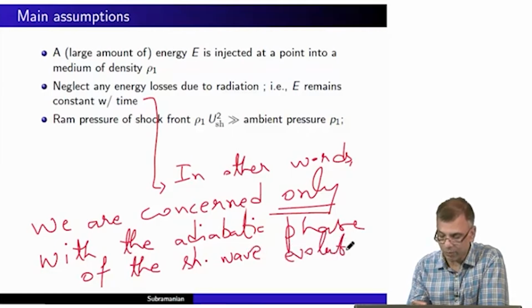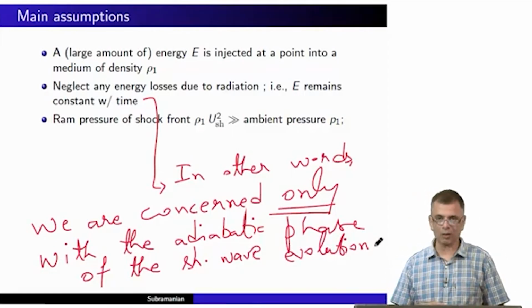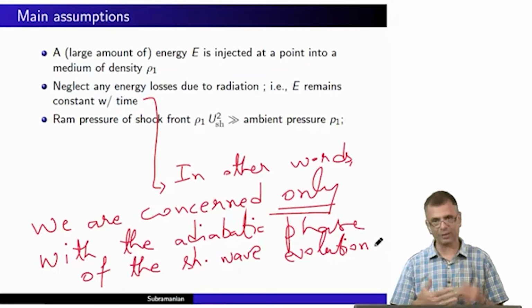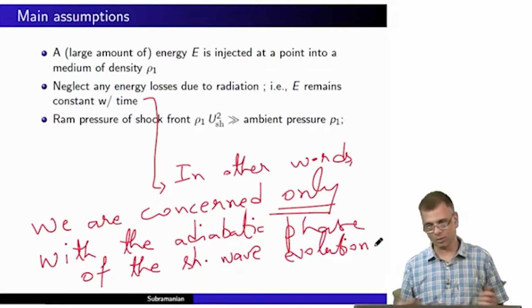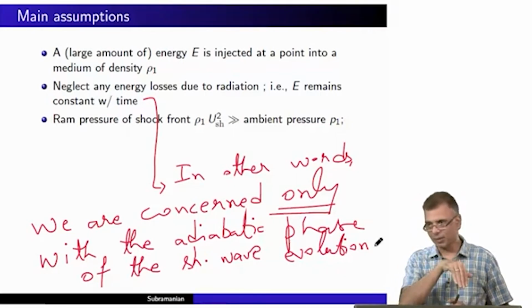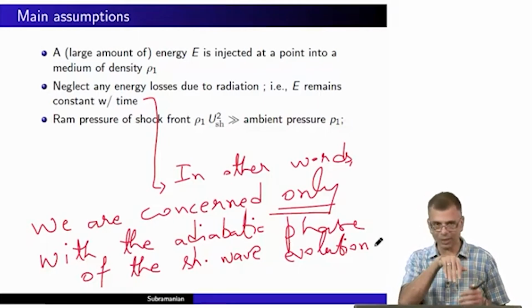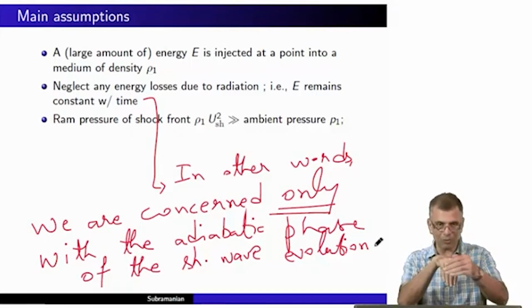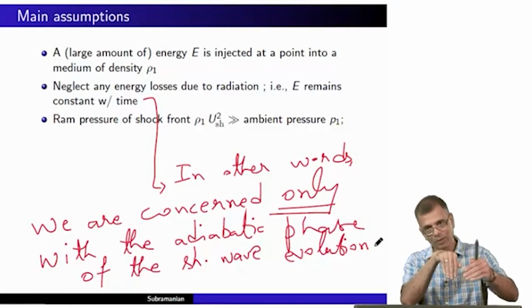As the shock wave propagates, it's like a snow plow, or maybe one of these machines that you see that gathers mud and pushes it out. So more and more interstellar material is accumulated in front of the shock wave.